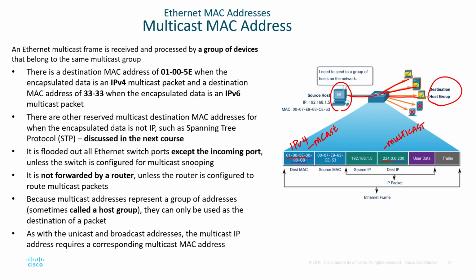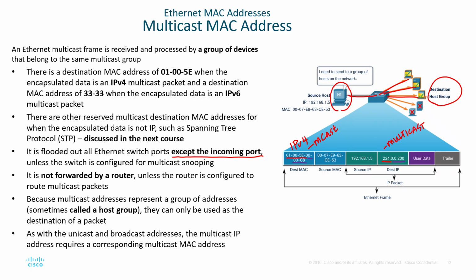For now, you want to know the two that are depicted on this slide for IPv4 and IPv6. It is flooded out all Ethernet switch ports, except the incoming port, unless the switch is configured for multicast snooping, which is something we'll talk about much later. It is not forwarded by a router. Routers do not pass multicasts unless the router is configured to route multicast packets.